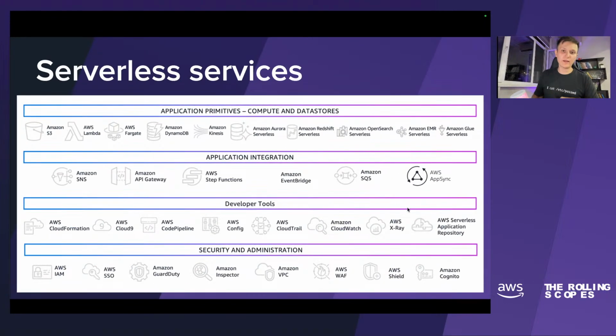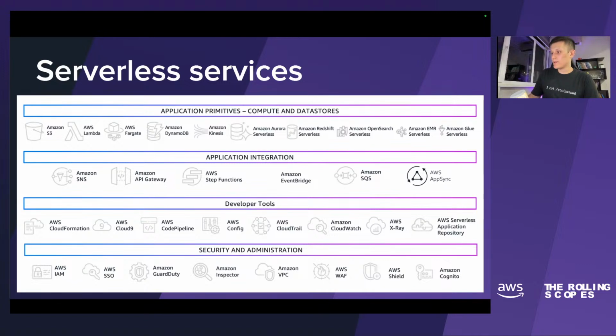Let's move on. And here is the portfolio of serverless services which are provided to you by Amazon Web Services. You can see that they actually have a variety of services for a lot of use cases. For instance, for compute, we have Lambdas, we have Fargate.